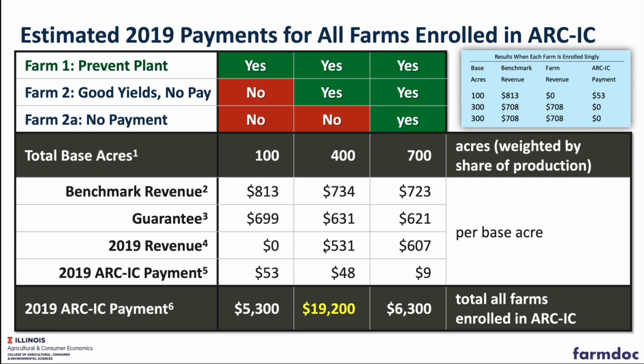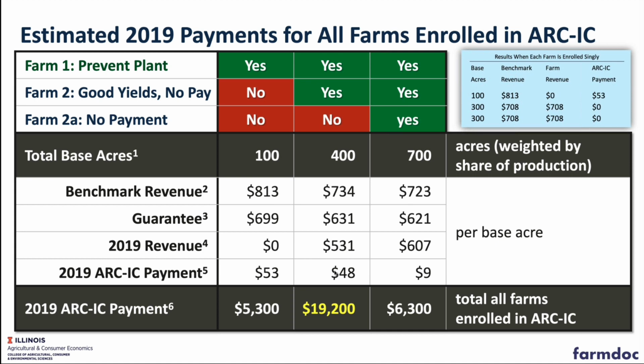And 2019 revenue goes from 0 to 531. By the way, that 531 is an average based on acres: 0 farm revenue for 100 acres, 708, and it's 3/4 708, 1/4 0. That's where this 531 results from.